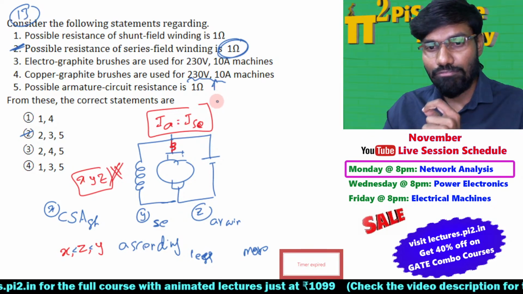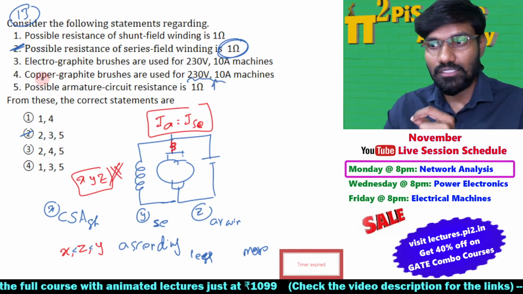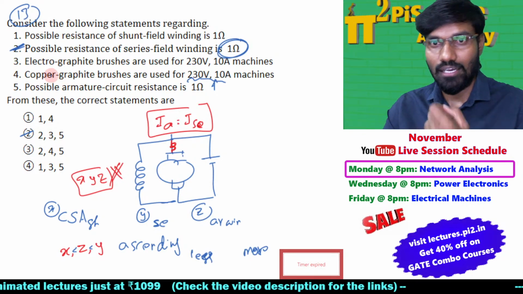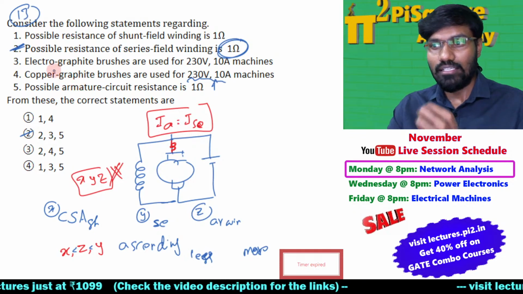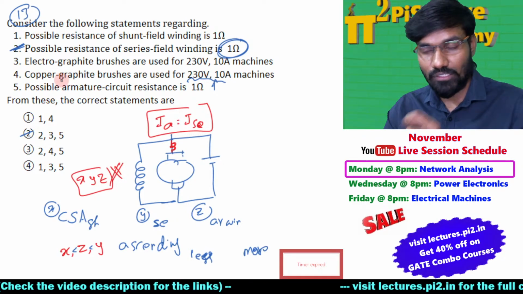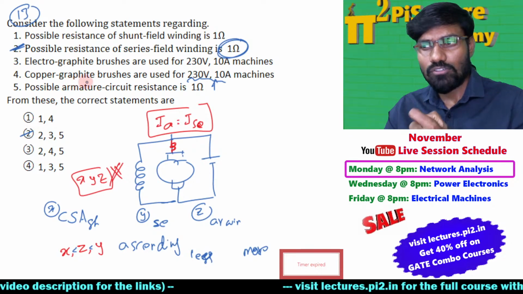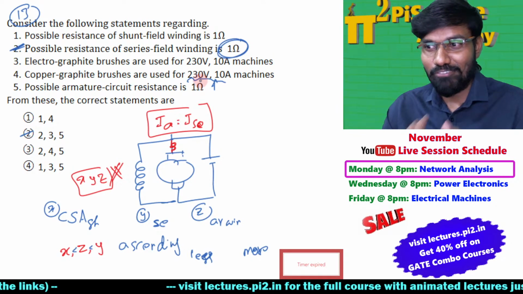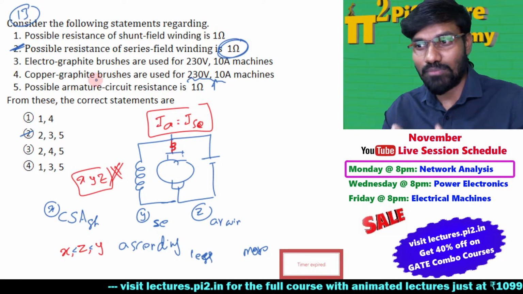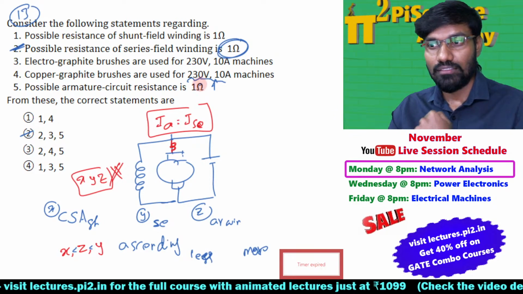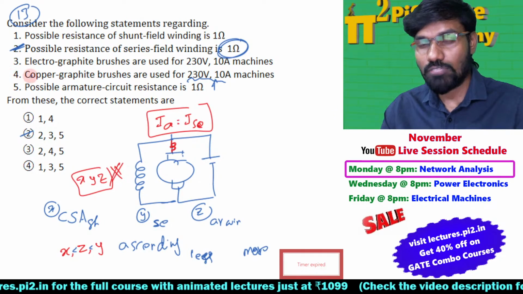They are not used for higher machines, because they offer very little drop, of course, copper. For 6 volts the voltage itself is very low, so if you use brushes with a high drop, the output voltage will be very low and regulation will be poor. So we use these only for small machines.